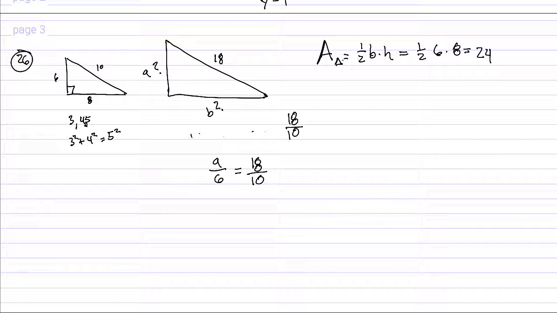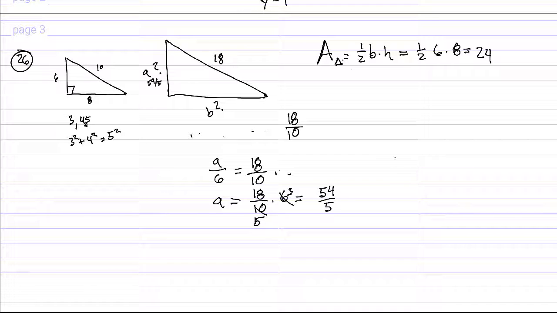Right, because A would be 1.8. So A equals 18 over 10 times 6, which is 54 over 5 for side A. Right, so 6 times 1.8.